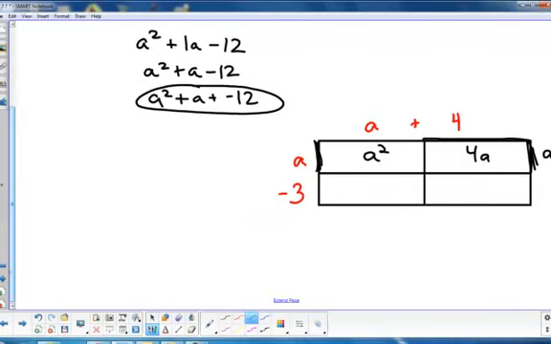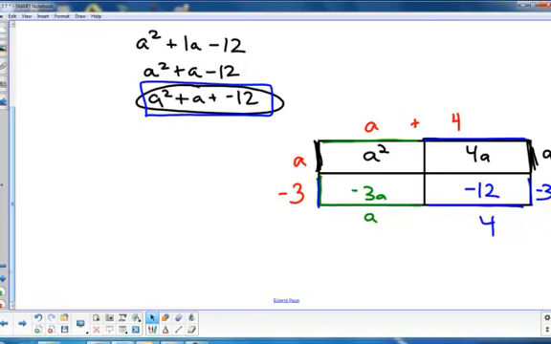This box right here is a negative 3 by a, so that's a negative 3a. And since this is 4, this is 4, so this box down here is a negative 3 by 4, which is negative 12. When you put those together, same thing. So that's your final answer.